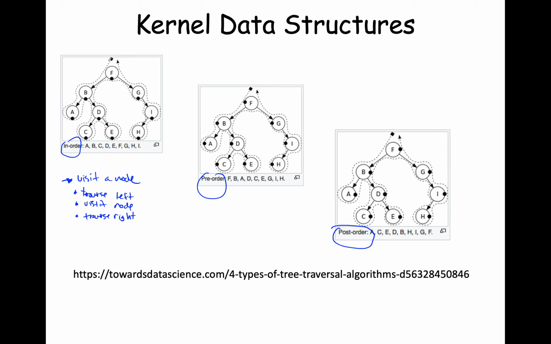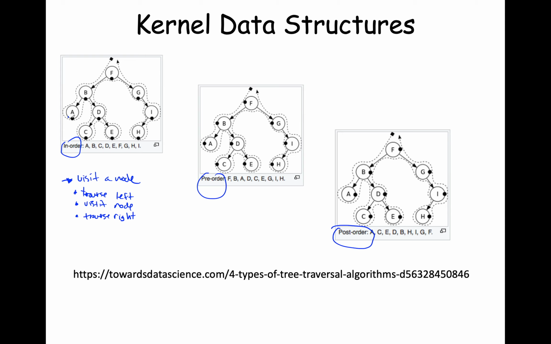You start out at the root of the tree, you traverse the left child, and then you see, all right, I'm at a node here, I traverse the left child. If you run out of left children, you don't have any, that's when you visit the node, and then you traverse the right child. So we traverse the left child, okay. Do we then traverse the left child? We don't have any left child to traverse, so this one has a null for the left child. So we visit the node, we get A, and then we traverse the right child.